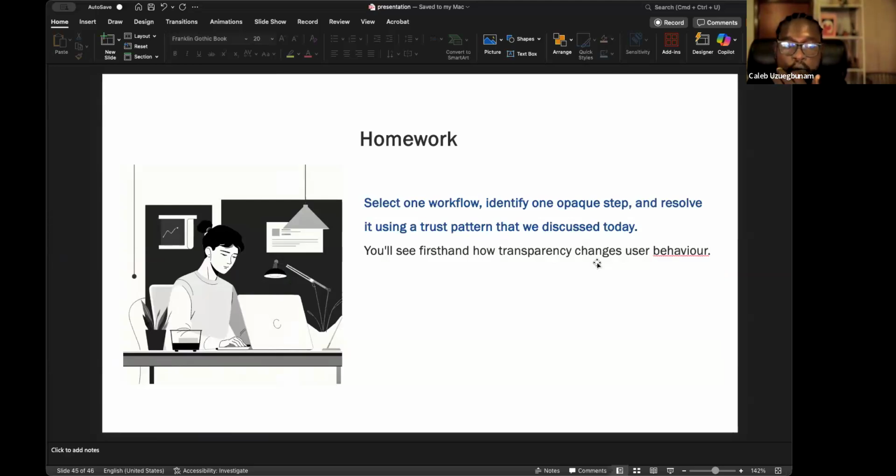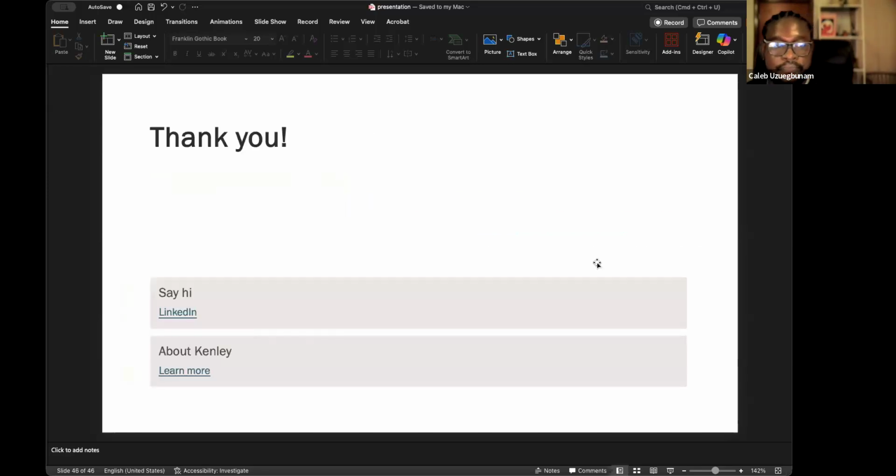And then identify one opaque step in how you currently do that part of your job with AI, with the tools you're currently using, and how you would resolve that step using any of the trust patterns that we have discussed today. I hope that you see firsthand how transparency changes user behavior. Thank you.